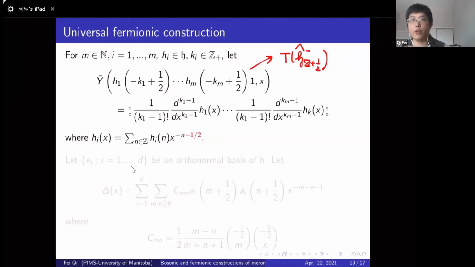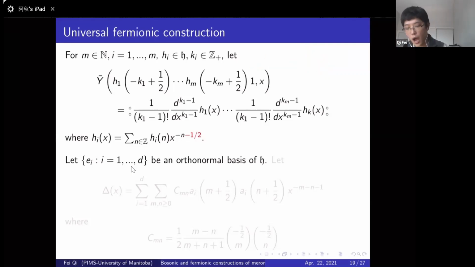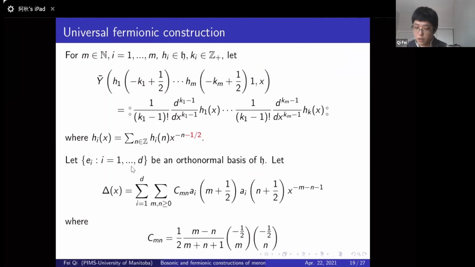This vertex operator will not satisfy the axioms, and it has to be corrected by a delta x. So let EI be an orthonormal basis of H, and we will construct the delta of x to be of this form. Okay, this is another typo over here.